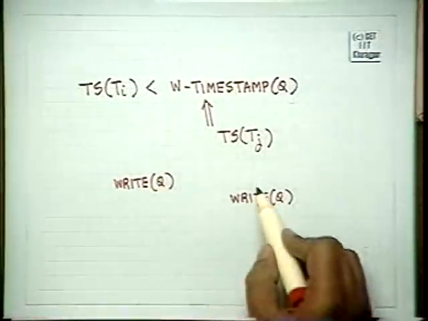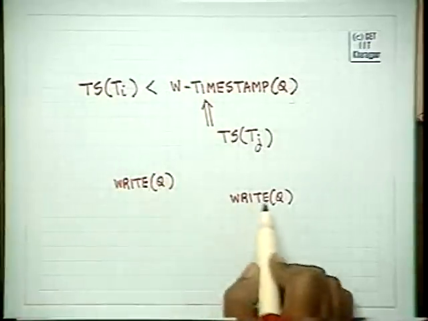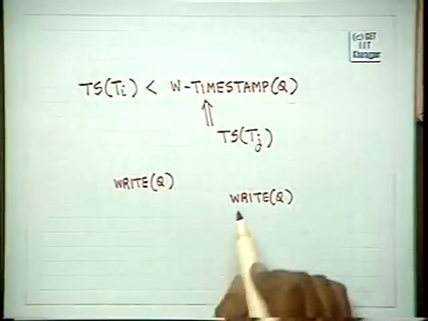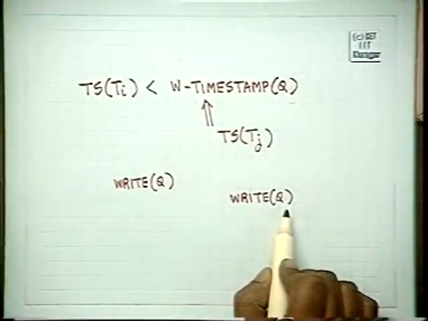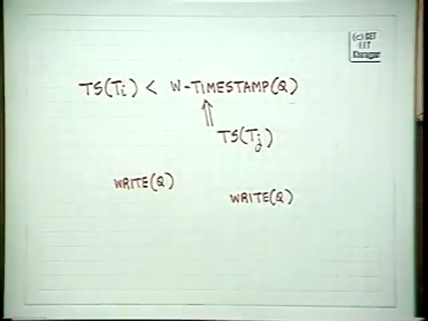Now, if it occurs that this will write first and this will write second, this write is useless, because it will be overwritten by this one. So if by chance TJ has written earlier, we will just say that TI need not write.